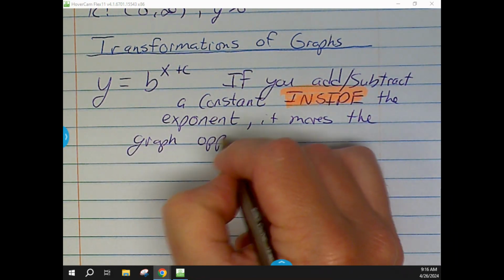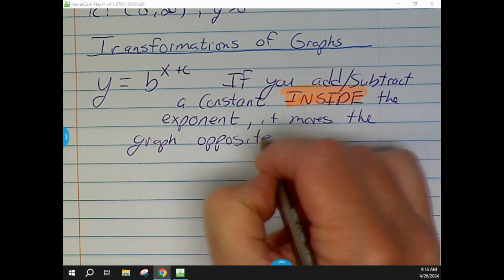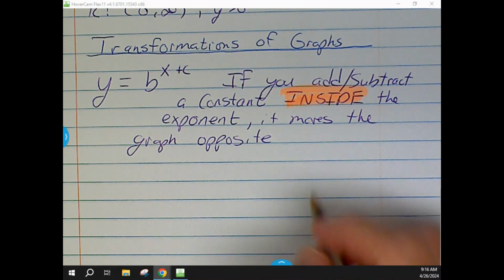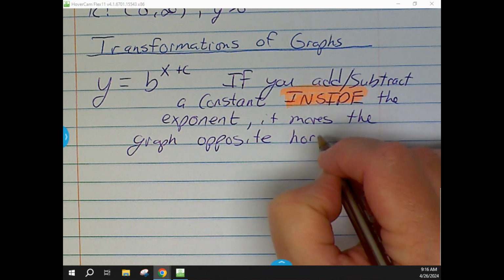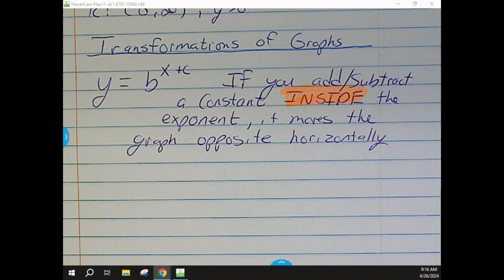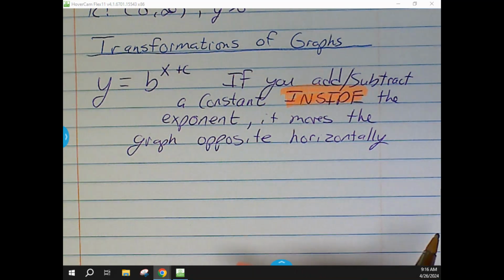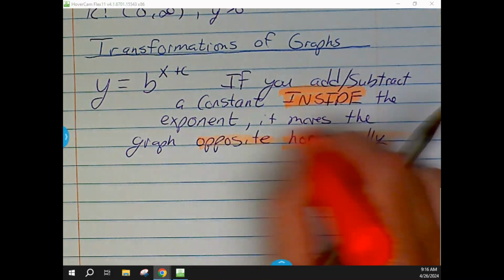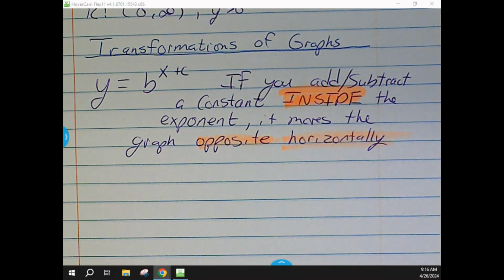We're going to go opposite horizontal. So it's still the exact same movement. Anything on the inside. Now we just changed it from being a parentheses to the exponent. But if it's on the inside of the exponent, it's going to move it opposite horizontally.